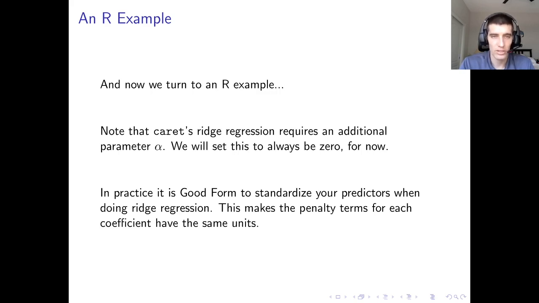Let's turn to our example. I'll remind you that I mentioned it's generally good form to standardize your predictors when using PCR, so that you don't have a single predictor with an outsized variance overly influencing your eigen decomposition. It's the same in ridge regression, I think even more so, because of the units of your objective function.